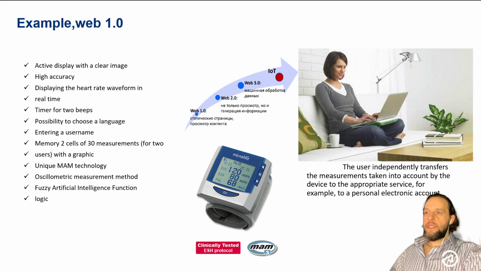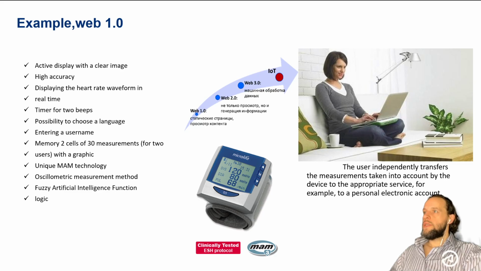It's a blood pressure measurement tool, and now we're looking at the first version of this digital blood pressure measurement tool. It is quite sophisticated. It has an active display, high accuracy.